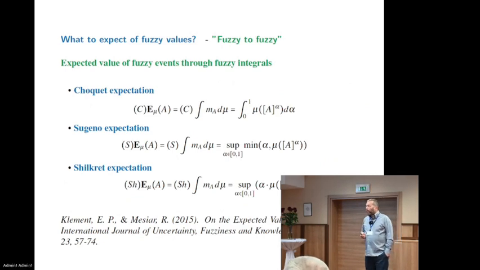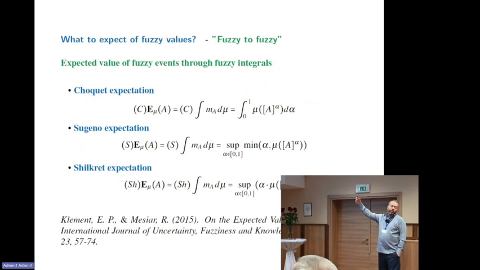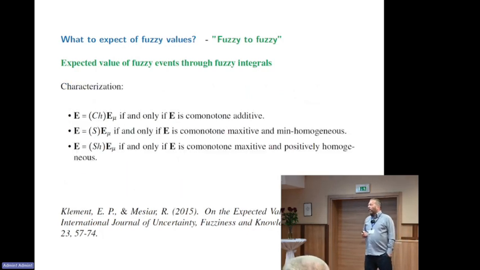And they actually have 3 types of expectations, which they gave in the axiomatic form. And also they characterized each of these expectations. You recognize, obviously, Choquet, Sugeno, and Shilkret. And there is a characterization of these expectations, meaning if it is comonotone additive, then it must be a Choquet.